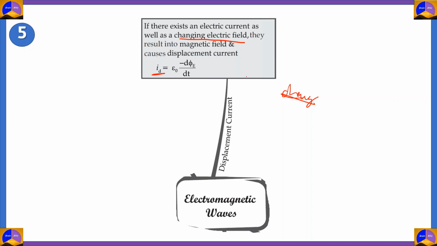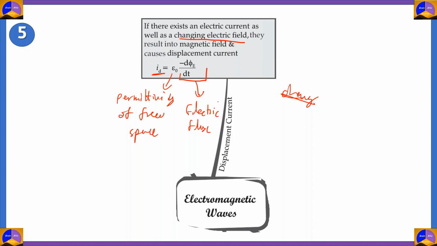And the formula for displacement current is ID equals epsilon naught times d phi E by dt, where epsilon naught is the permittivity of free space and d phi E by dt refers to the rate of change of electric flux.